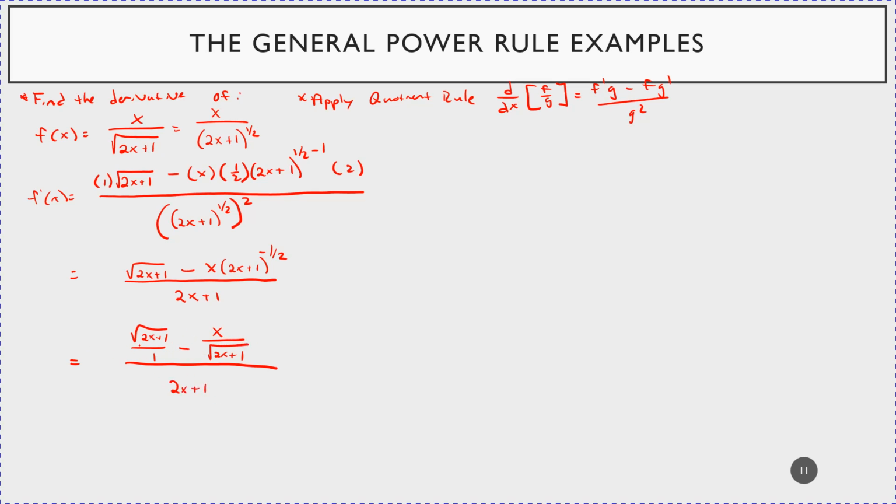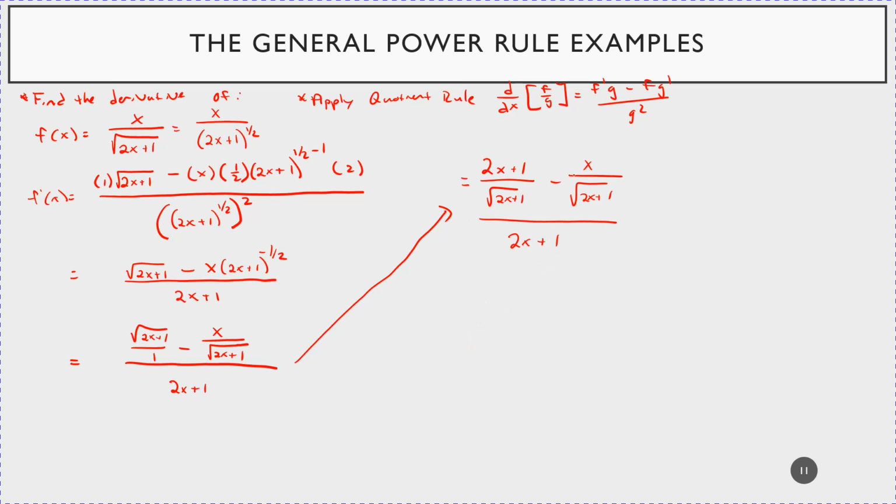The common denominator between 1 and the square root of 2x plus 1 is the square root of 2x plus 1. When I multiply the square root of 2x plus 1 in both the numerator and denominator, I end up left with 2x plus 1 all over the square root of 2x plus 1, minus x over the square root of 2x plus 1, all divided by 2x plus 1.